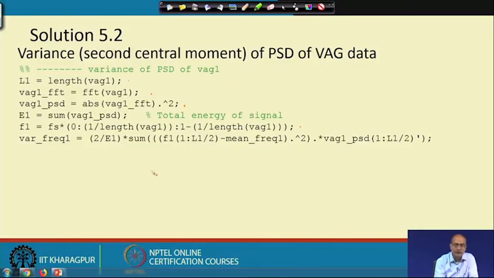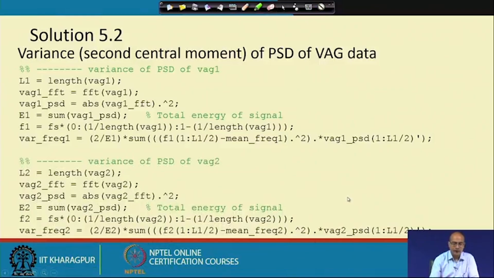Now, for the variance we make use of the mean frequency, we take the difference of the frequency at that point with respect to the mean and take the square of it and point by point multiply with the PSD. And again we are looking into half of the PSD, that is the positive part of it. Okay. So, we repeat the same thing for VAG2 and we get the variance.